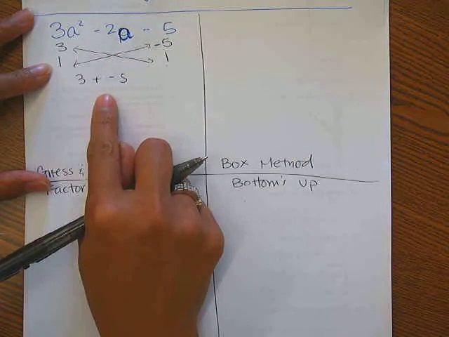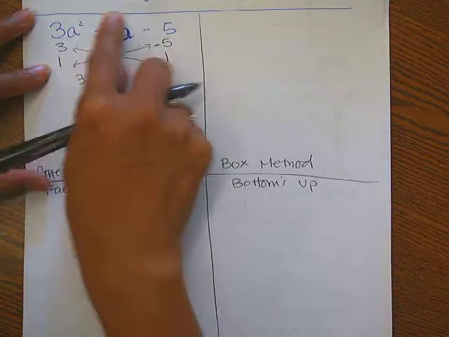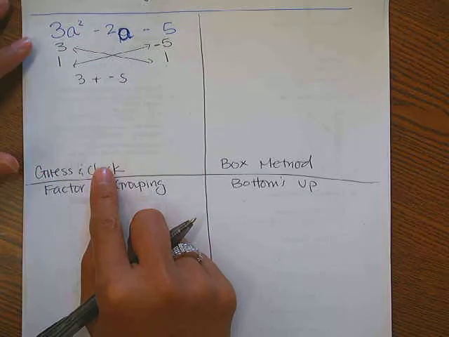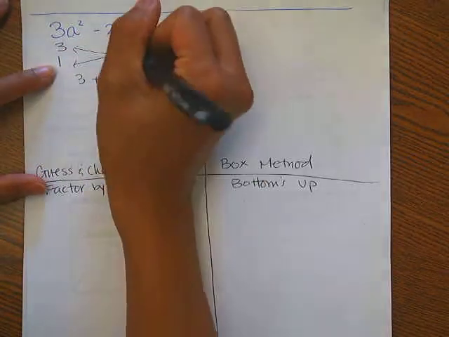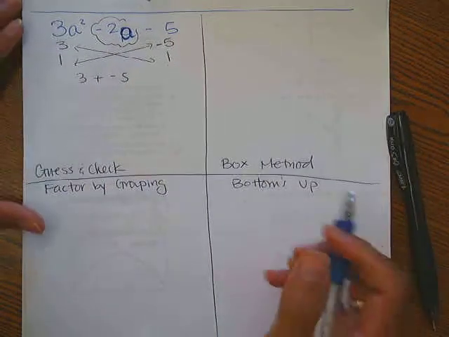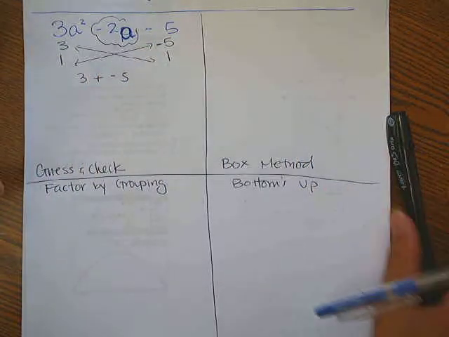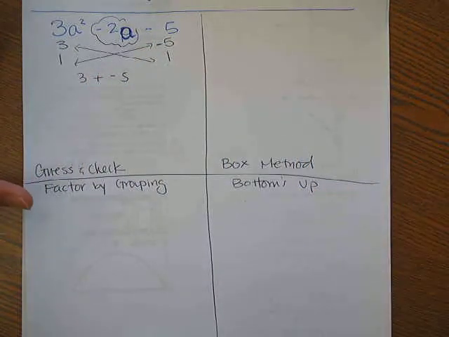When I add it together, I'm going to end up with a -2, which is exactly what I want in the middle. Can you guys see that right there? My goal is to get this piece in the middle. So with guess and check, that's what I'm doing to get the middle term, moving this around a little bit. Okay, that's the bell to go to 5th period.